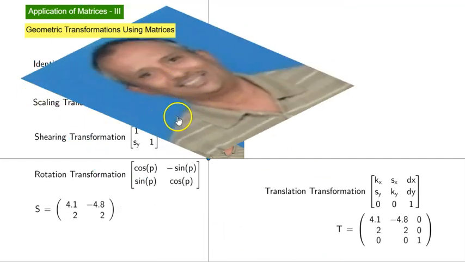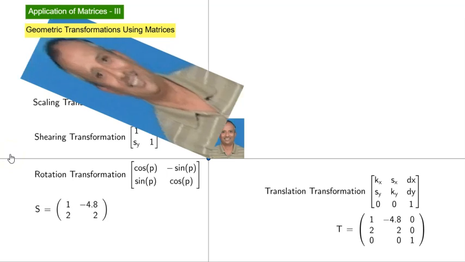So this is a composition of different transformations. We have scaling along the x-axis, scaling along the y-axis, and shearing along both x and y-axis. Let's bring it back to the original position.